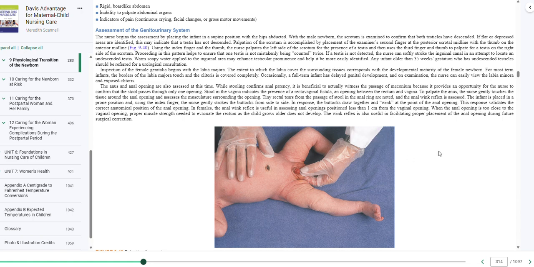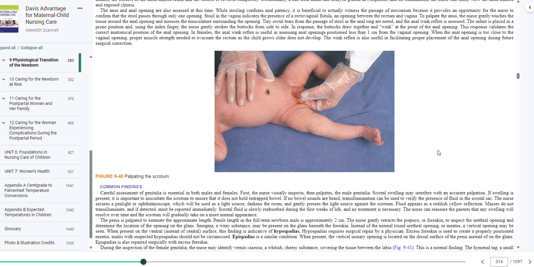And we're also checking on both sexes for a patent anus, and that you see the wink there, the little tiny wink at the anal opening, to make sure it is patent. We don't take rectal temperatures anymore unless something's majorly wrong, because of the risk of perforation to the bowels, to the intestines. But we do check to make sure the anus is open and patent.